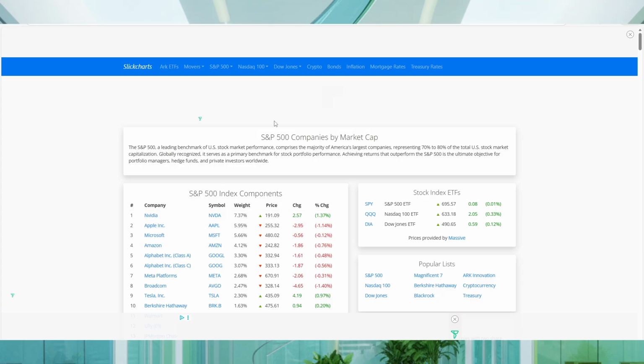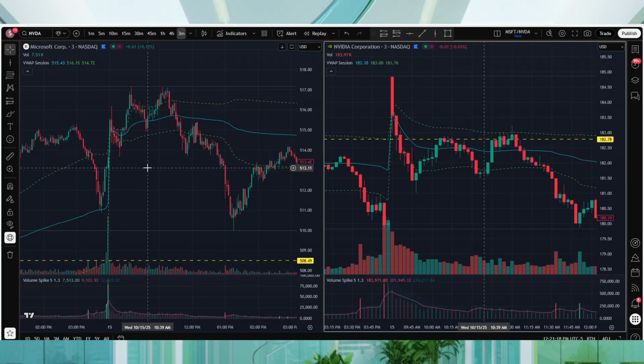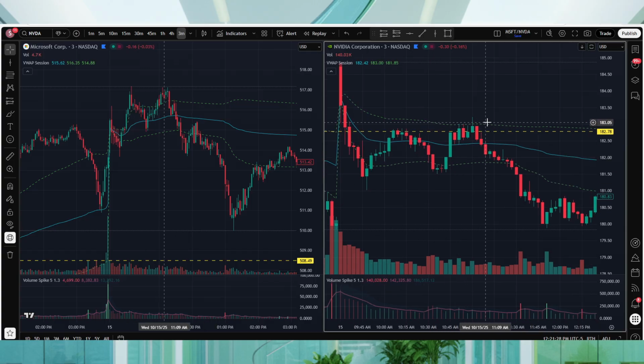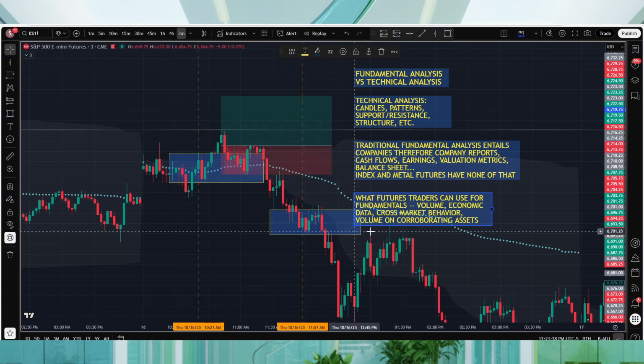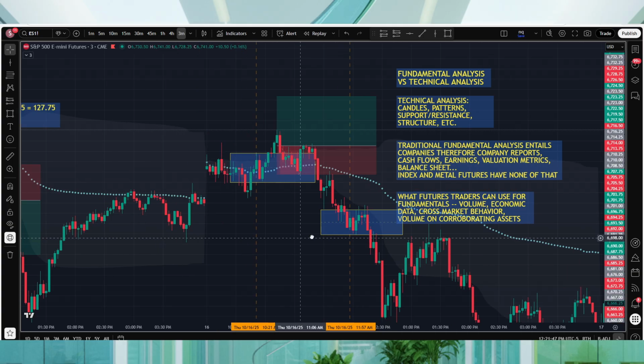So I'm using Microsoft and NVIDIA because they're highly weighted. And so volume on these assets can influence the markets. It's a very simple idea, and it does create some sort of edge that I've noticed in these markets. So that's how I use these things. Really it's just volume on the corroborating assets that we're using here. And we're kind of avoiding FOMC events and whatnot.